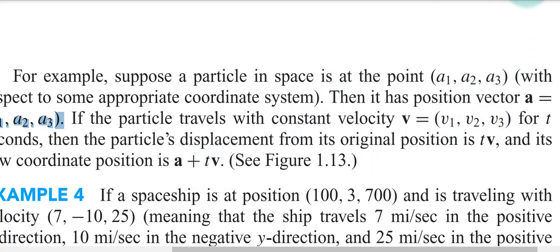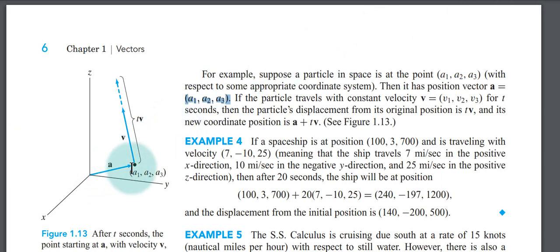And this picture looks like this. So it starts here at A, so we can make a vector to point to where it starts, whether or not you need to draw in this vector. Anyway, this is where it starts.